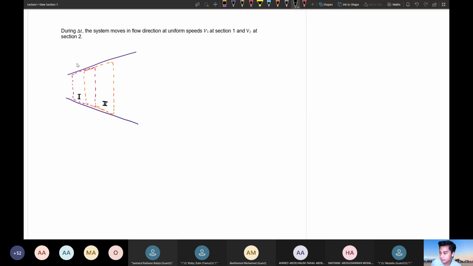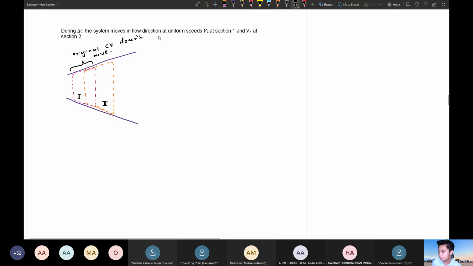Okay, so here this is the original control volume. The original control volume doesn't move. Doesn't move at all, for example.